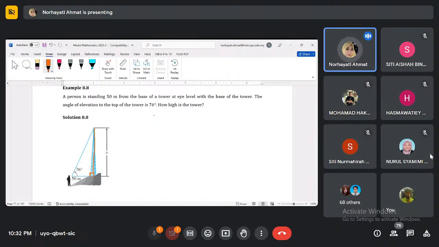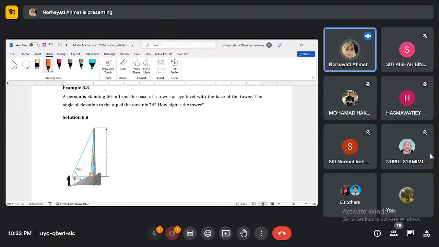Okay, so kita gunakan konsep trigonometric function lah. Okay, so we need to find the height. So label this as x. Okay, given the length of adjacent side, and you need to find the length of opposite side. Okay, so kita guna function apa kelas? Function apa yang sesuai?